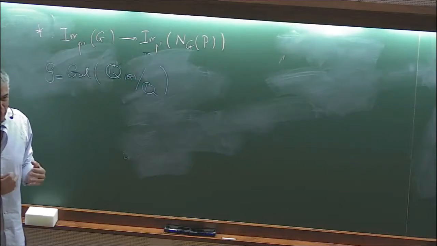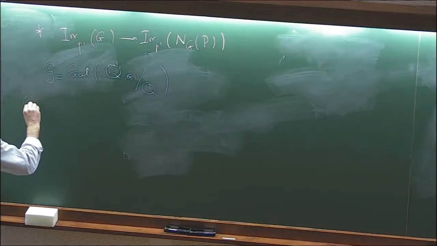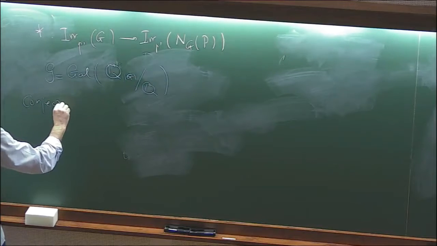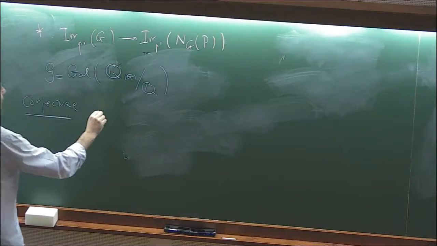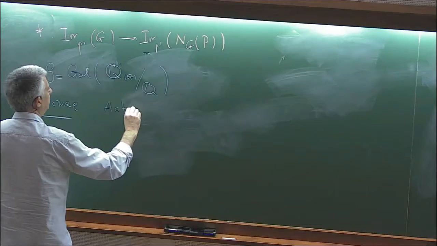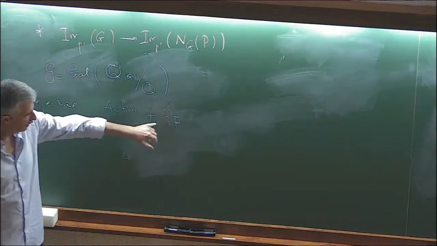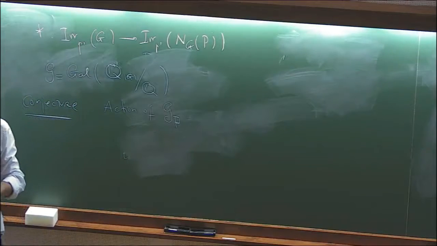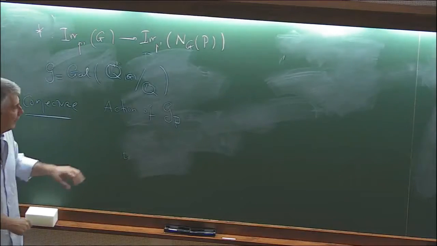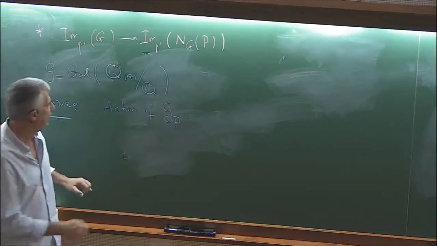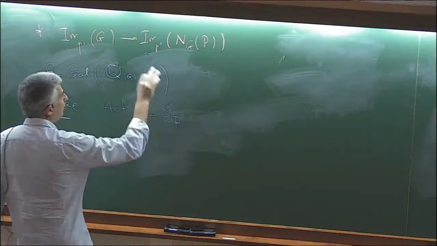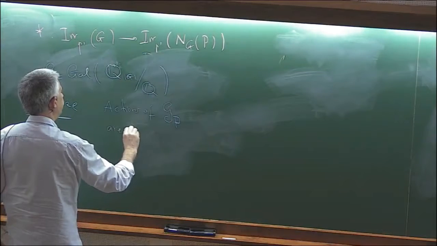So what I conjectured was that the action of GP, this is just the Galois elements that send a prime ideal containing P of the ring of algebraic integers inside here to itself, the ones that stabilize the P, then the actions of GP on both sides are isomorphic.